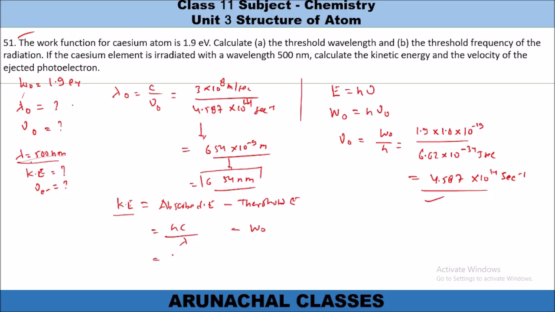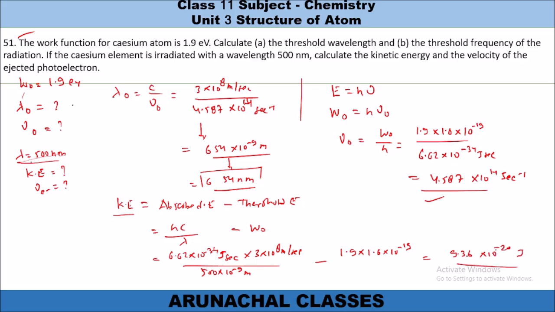So we put the values: 6.62 into 10 power minus 34 joule second, and c value is 3 into 10 power 8 meter per second, divided by lambda. Lambda is 500 nanometer, that is 500 multiplied with 10 power minus 9 meter, minus the work function, 1.9 into 1.6 into 10 power minus 19. When we solve this one, we will get the value as 9.36 multiplied with 10 power minus 20 joule. So this will be the kinetic energy.